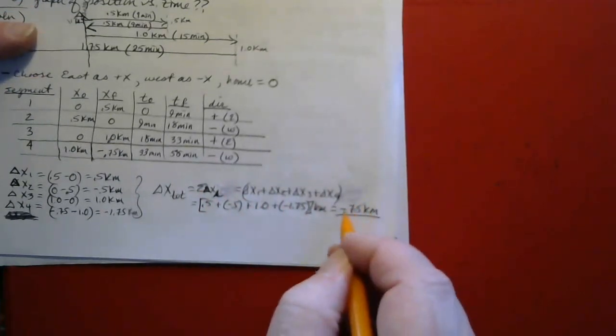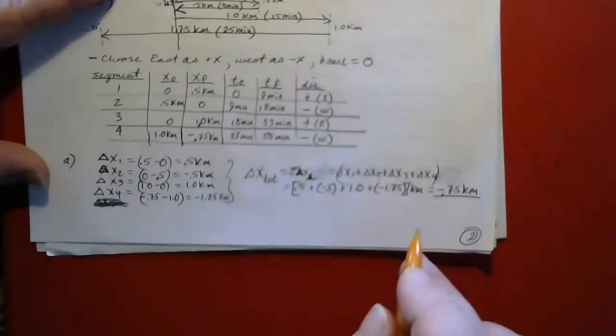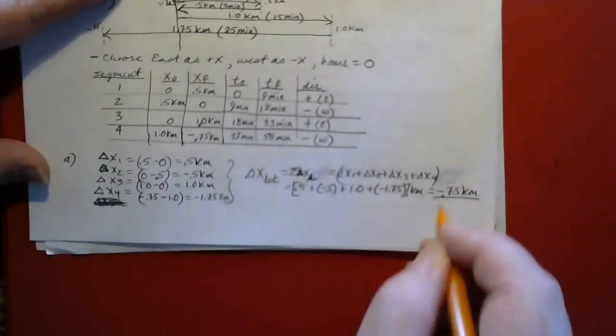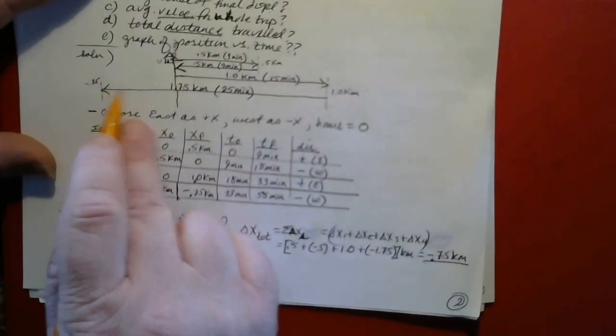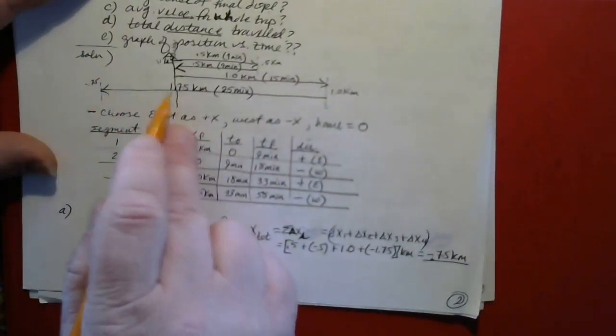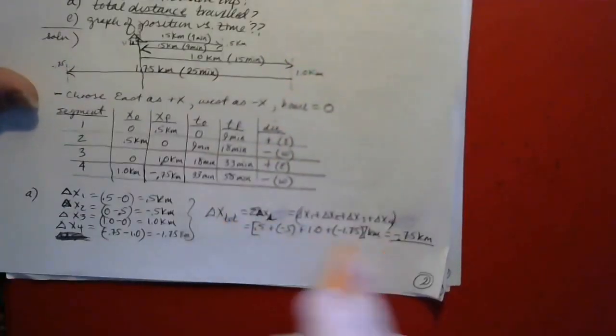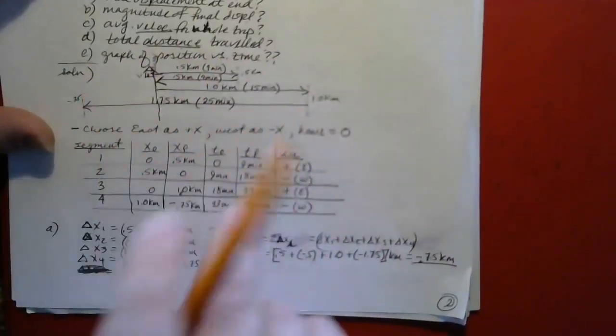And that leaves us with a displacement of negative 0.75 kilometers overall. As you can see from the diagram we drew, she ends up negative 0.75 kilometers from where she started, which was 0. So that makes sense.